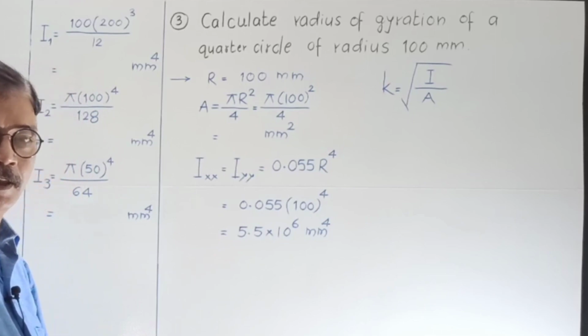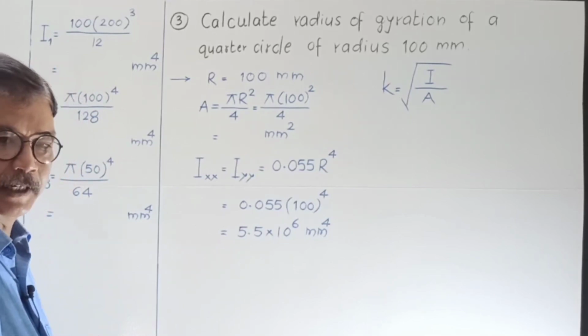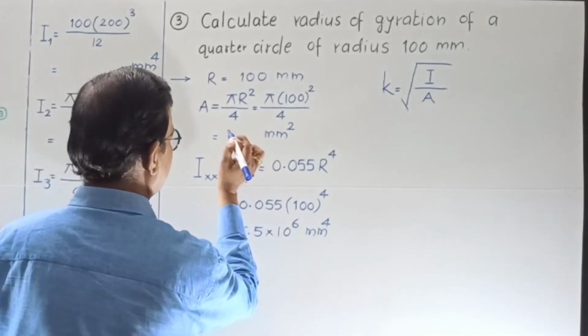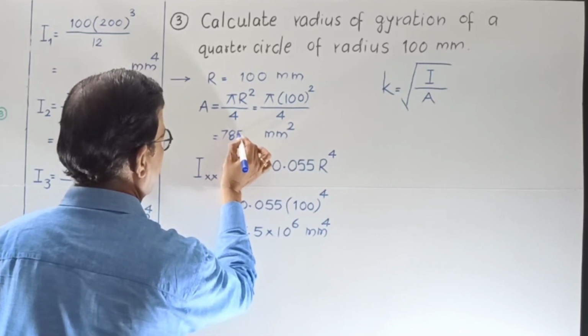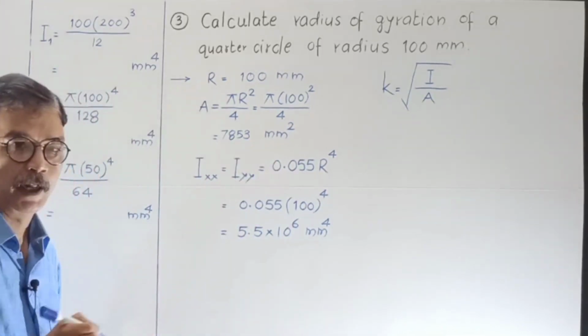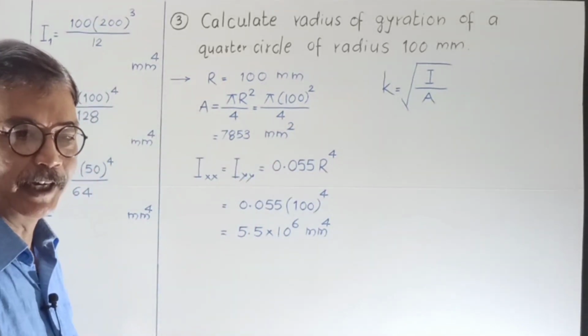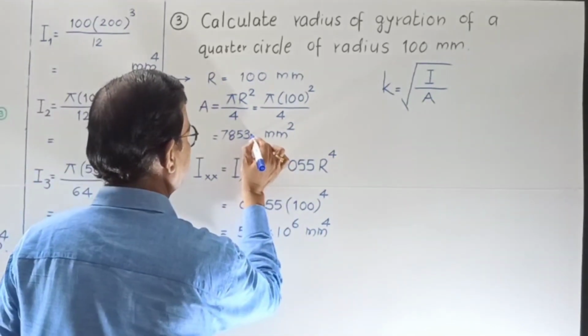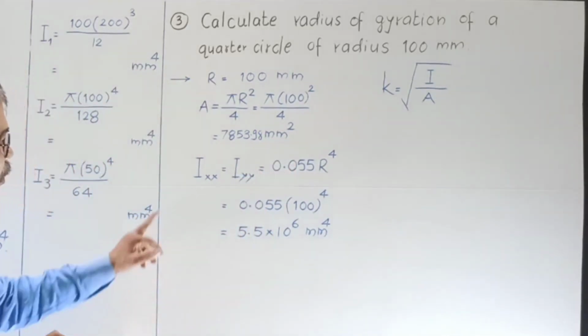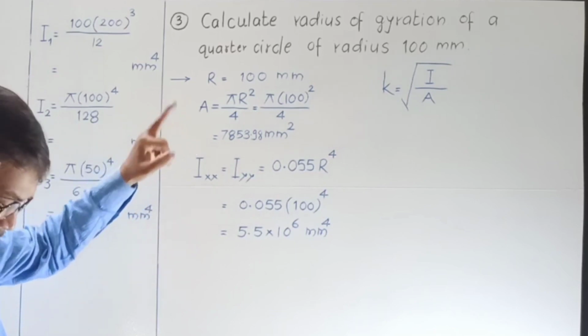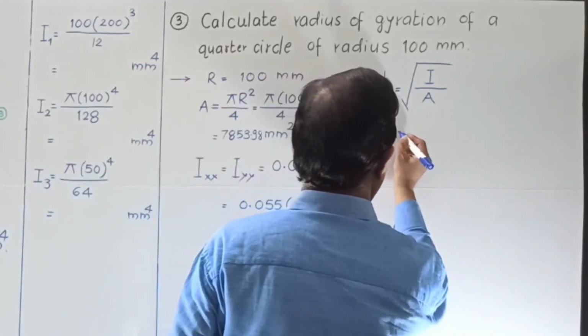The area calculated is 7853.98. This is the area. So we will put the value of MI and area and find out k.